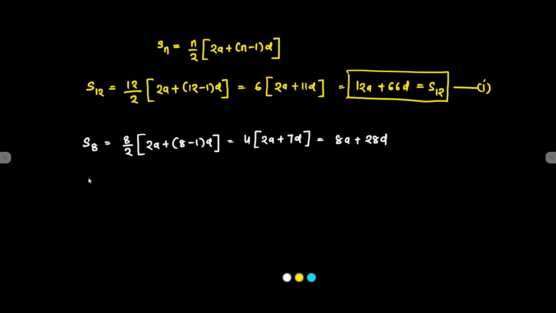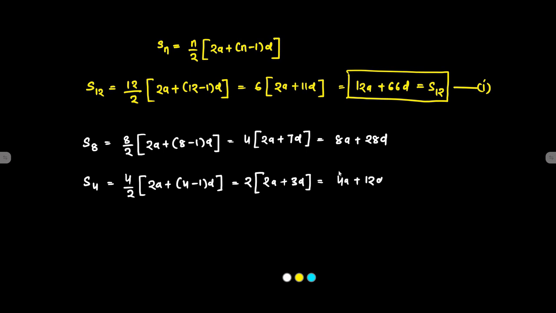Then we have S4, that is equal to 4 by 2 into 2a plus 4 minus 1 into d, equal to 2 into 2a plus 3d, which is equal to 4a plus 6d.